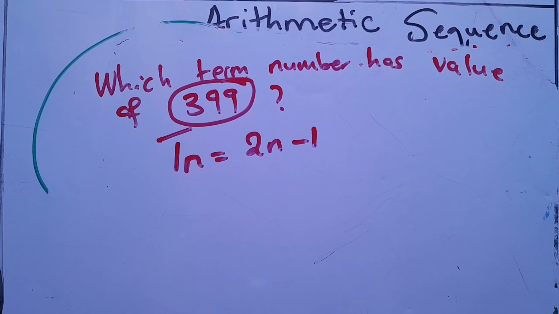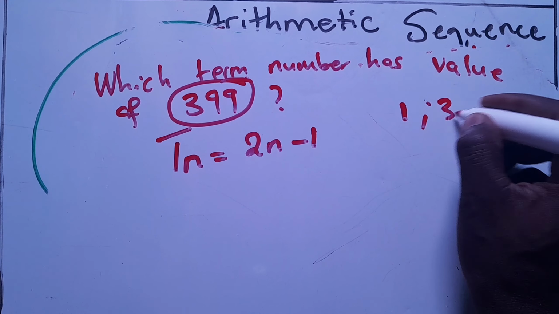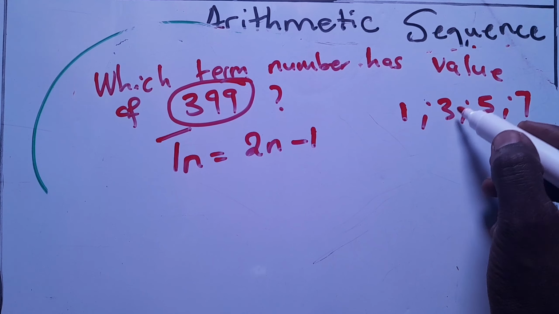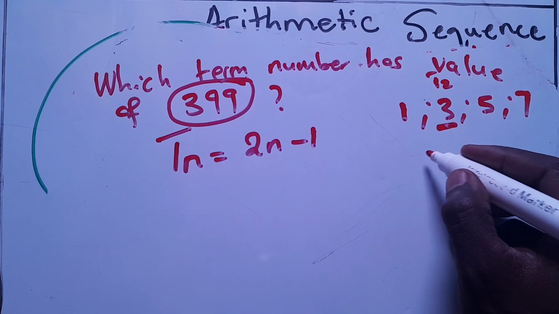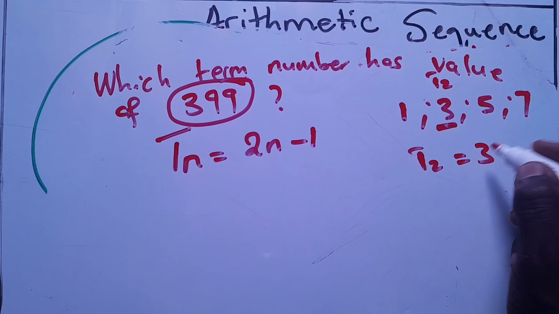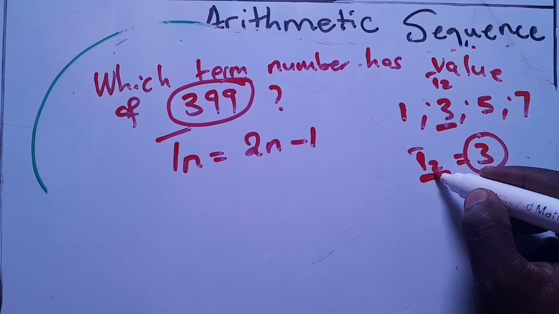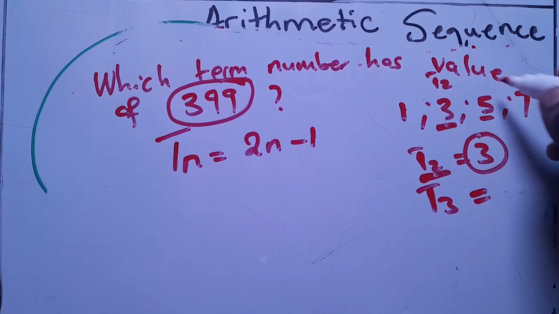So remember that if we're having our sequence 1, 3, 5, 7, right? So this is the value of term number 2. So term number 2 is equal to 3. And if we move, this is term number 3. But what is the value of term number 3?